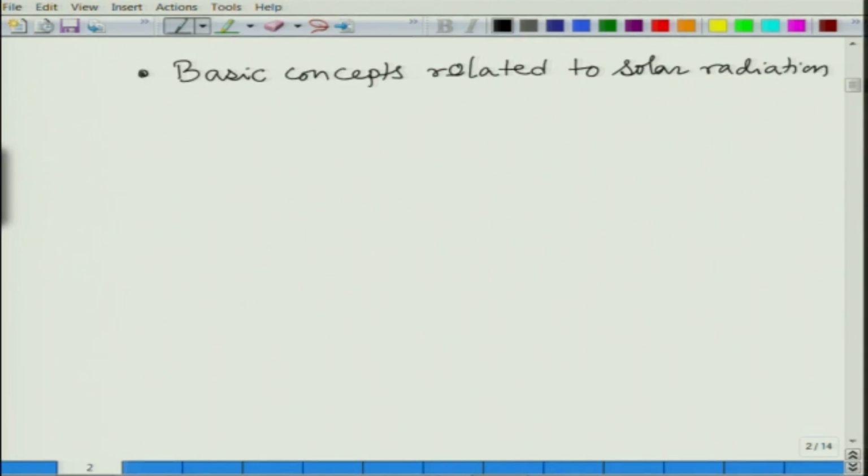Okay. Then next thing we will talk about the sun, okay, because that is the most interesting body in the whole thing. Okay. So, we have to understand what it stands for.